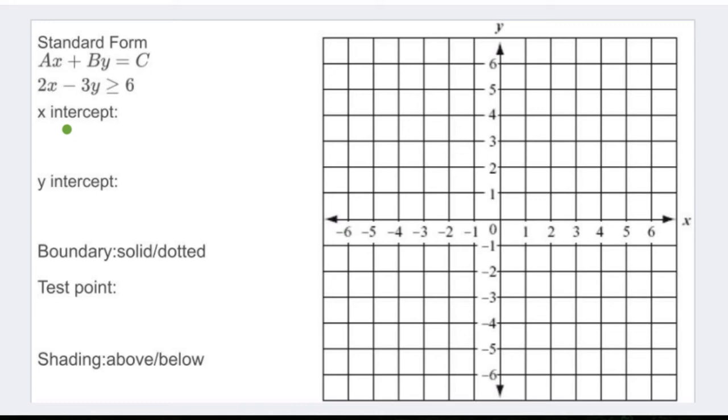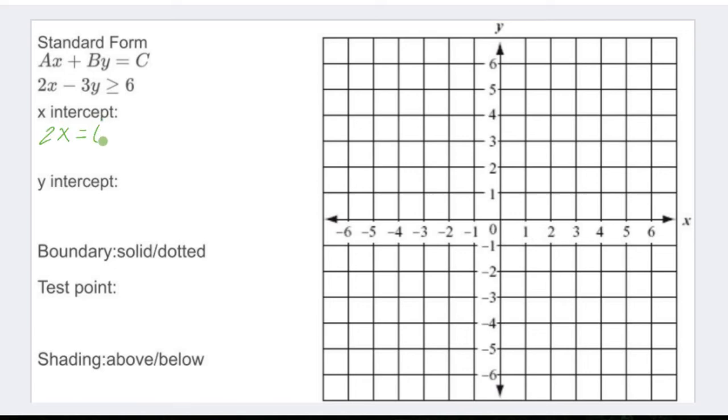A little trickier is the standard form. Even though this is a greater than or equal to sign, we can't be guaranteed, because of positives and negatives, that it's going to be shaded above. So we're going to have to use a test point. First part's the same. Find the x-intercept and the y-intercept.